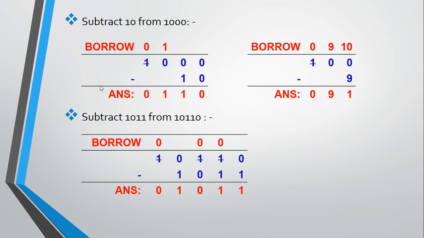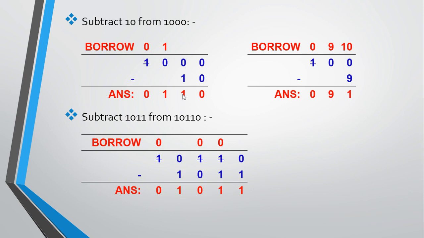Now consider the binary subtraction, in which 1000 minus 10. Now 0 minus 0 will return 0, and 0 minus 1: you cannot take a value from 0.